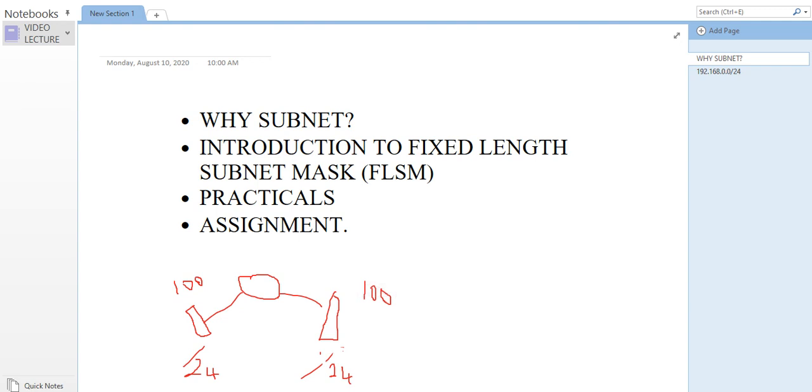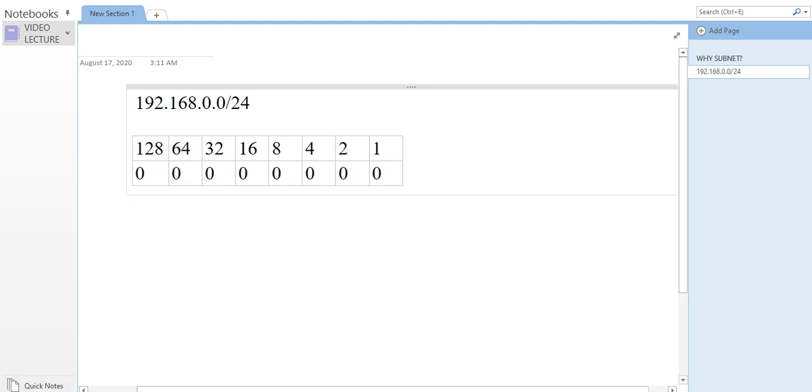Alright, good. Now how do we get those two subnetworks? Because we said that we need two subnetworks from one major network, for which each of them should provide room for 100 hosts at least. Even if it's going to be more than 100, the difference should not be that much.